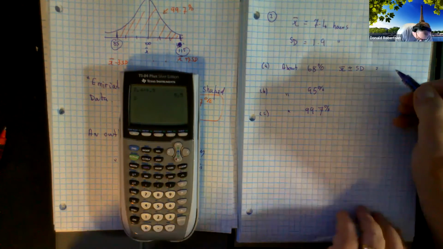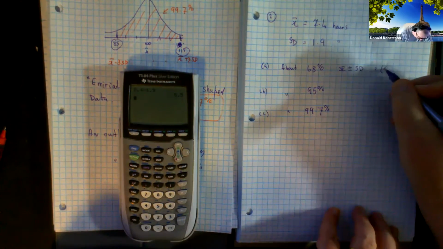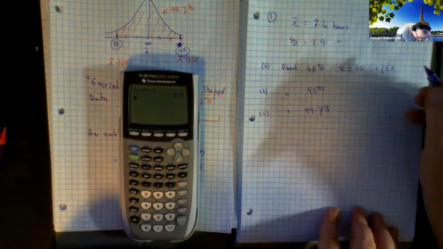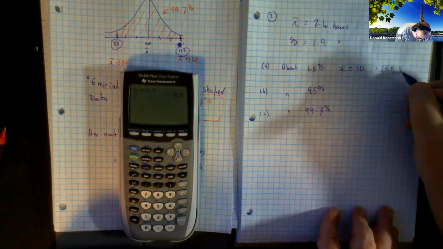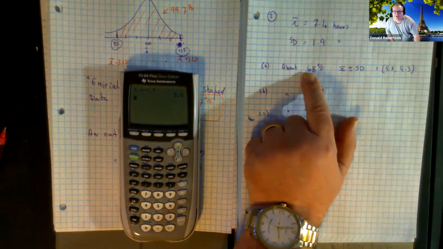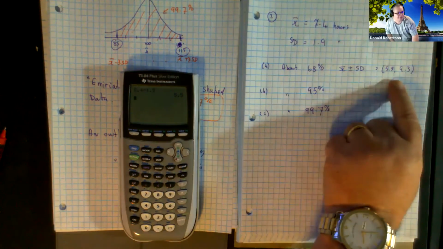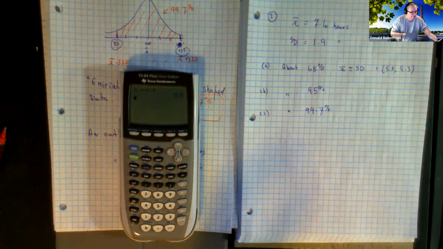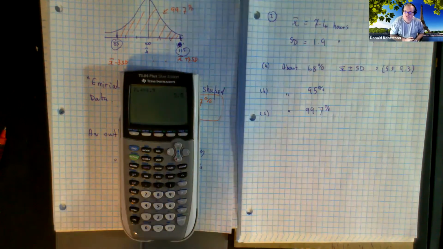And that's 5.5 hours. And if you take 7.4 and you add 1 standard deviation, you get 9.3. So about 68% of college students get around 5.5 to 9.3 hours sleep. Right? It's a big chunk of them, right? The big chunk in the middle tend to sleep in that range.